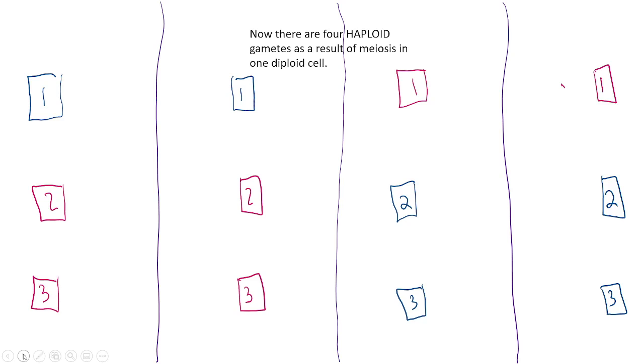Okay, so each cell has only 3 chromosomes in it, whereas my original cell had 6. And they've got different arrangements of the chromosomes depending on how those homologous pairs lined up. Okay, so this is just, again, kind of an animated version of meiosis to hopefully make it make a little bit more sense for you.